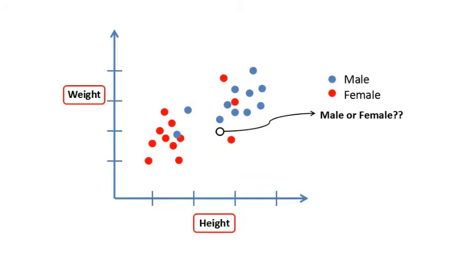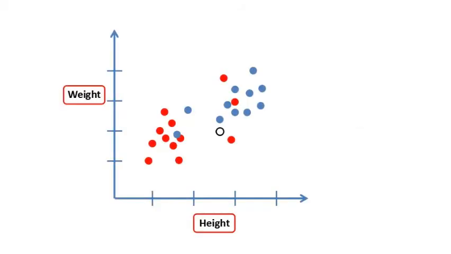Well, this is a binary classification problem where you have two categories to classify an observation, and there are various ML techniques to classify this person. One of them is using the k-nearest neighbor or KNN algorithm. You can calculate Euclidean distance of the new point with every other available example point.